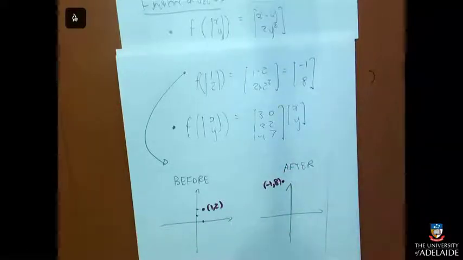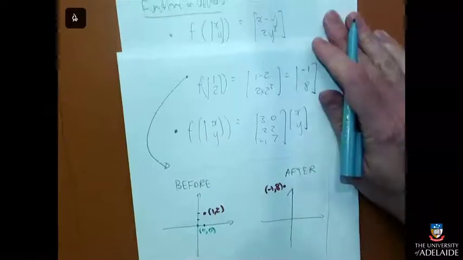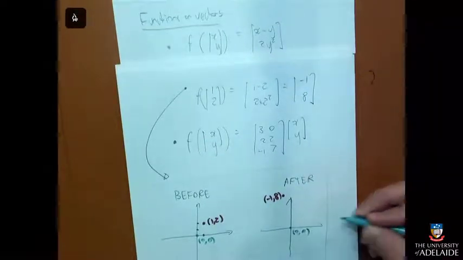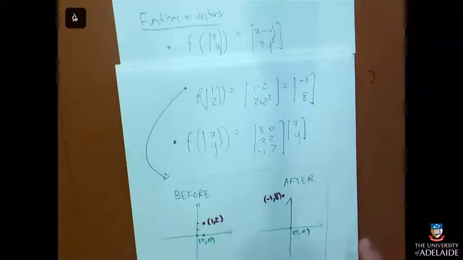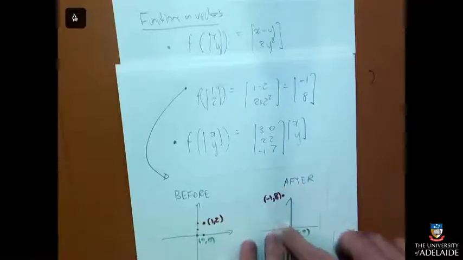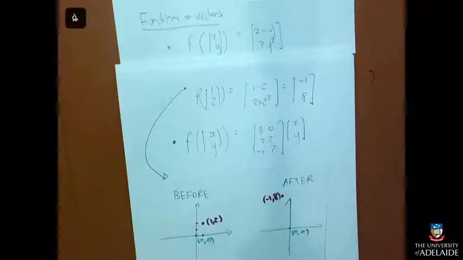And I could take, for example, 0, 0, and when I chuck it through that function, I get 0, 0 again. And every point I could figure out where it goes. And I could, if I want to, draw a shape and figure out what shape it is afterwards by following where all the points went. That's my new way of thinking about functions.